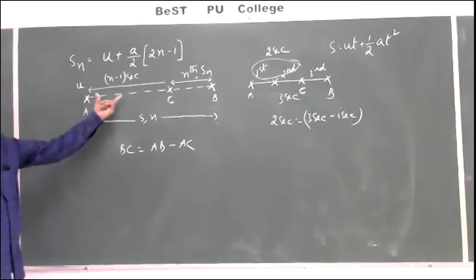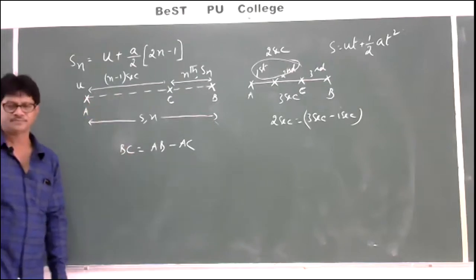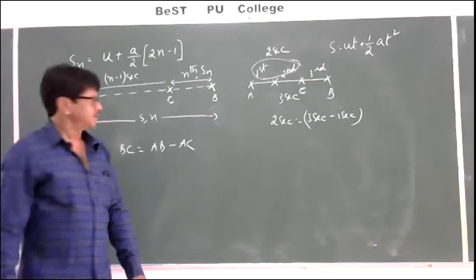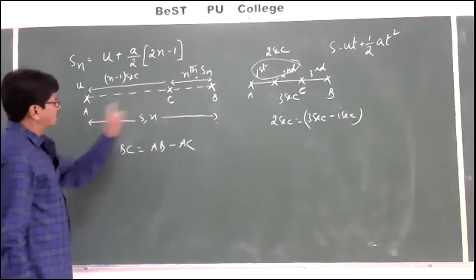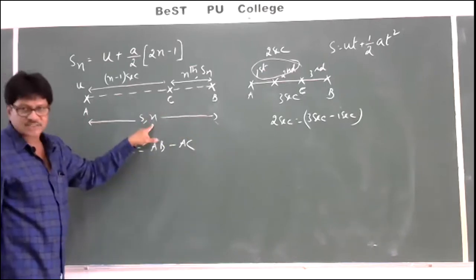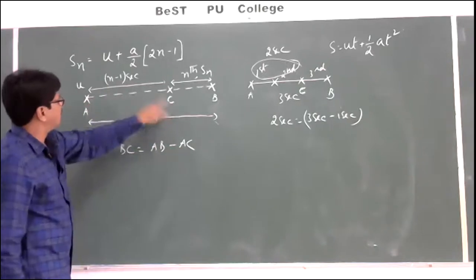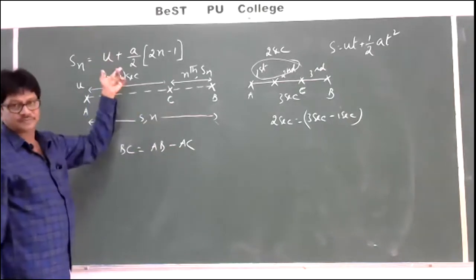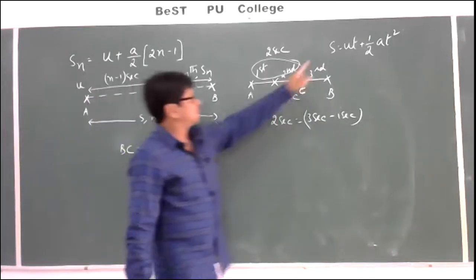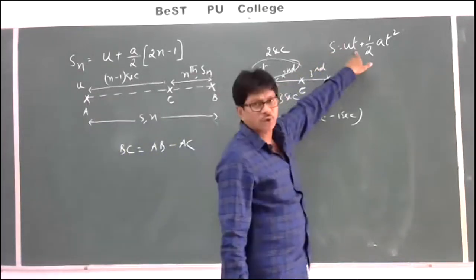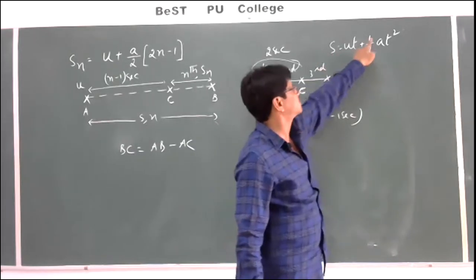If you understand that point, it's easy. Remaining is all simple mathematical calculations. So here, AB is the total distance traveled in n seconds. AC is the total distance traveled in n minus 1 seconds. Whenever you want to find the total distance traveled in a total time, we use the formula S is equal to ut plus half at square.